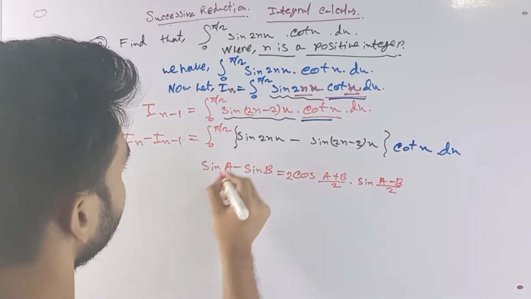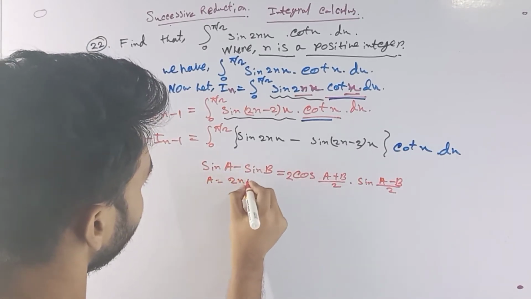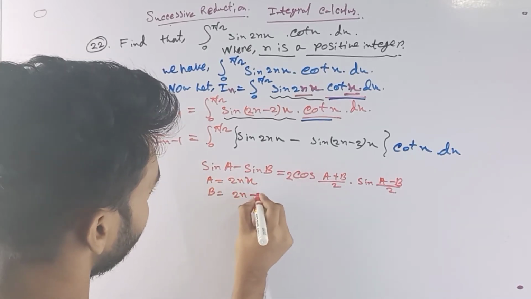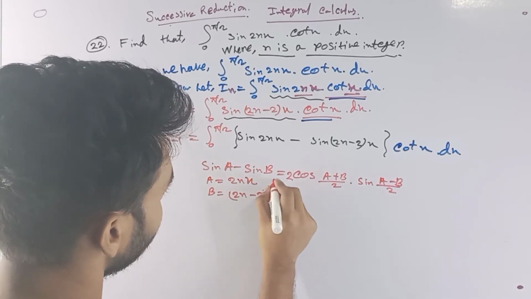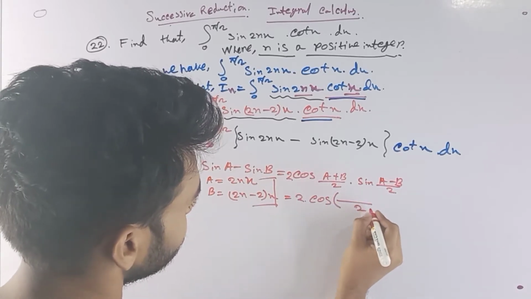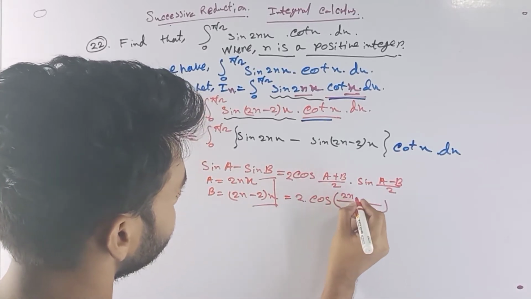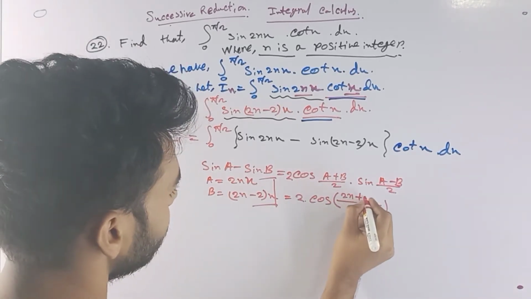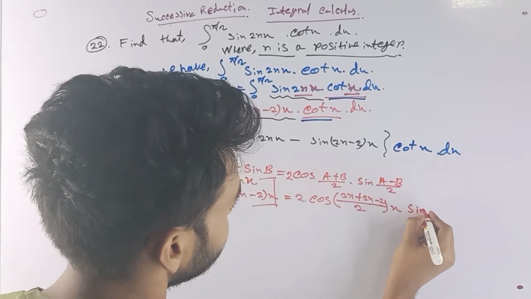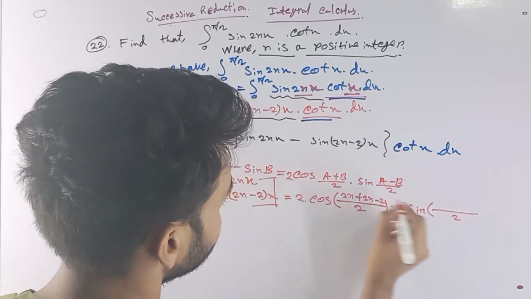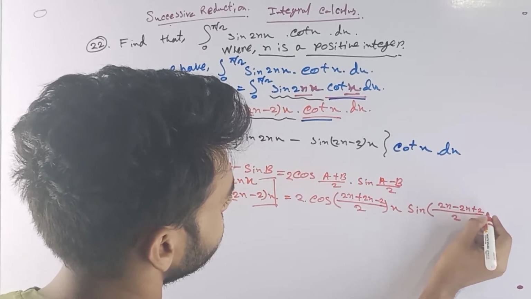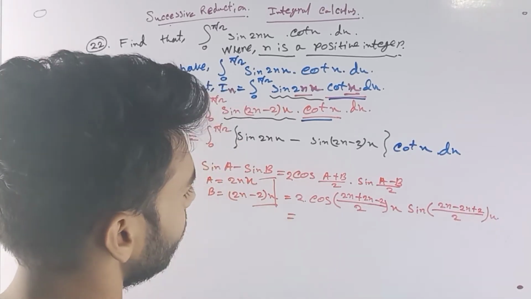Here A equals 2nx and B equals (2n minus 2)x. So that equals 2 times cos of (2n plus 2n minus 2) by 2 times x, times sine of (2n minus 2n plus 2) by 2 times x.